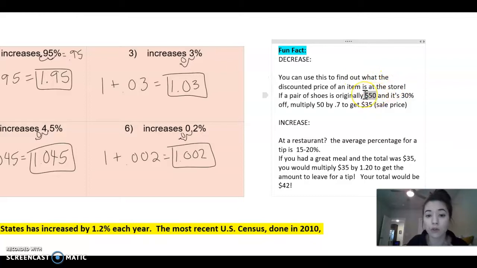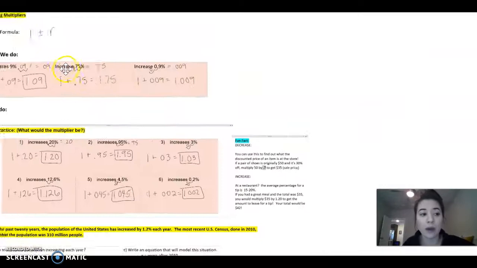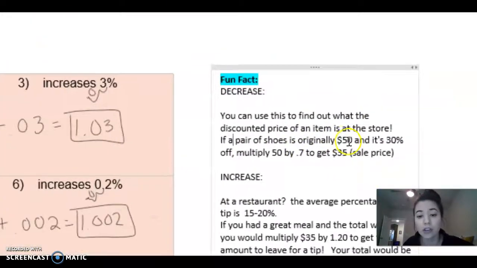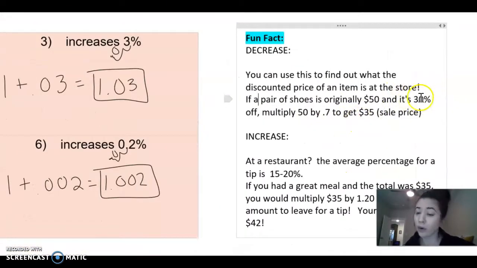If your shoes were $50 and it's 30% off, we multiply that 50 by 0.7, and that gives us our sale price, $35. That 0.7 comes from decay being 1 minus r, so 1 minus 0.3, which gives us 0.7.